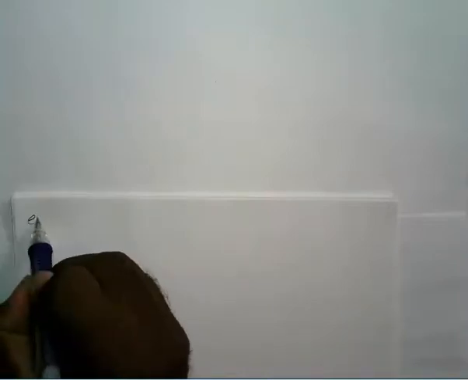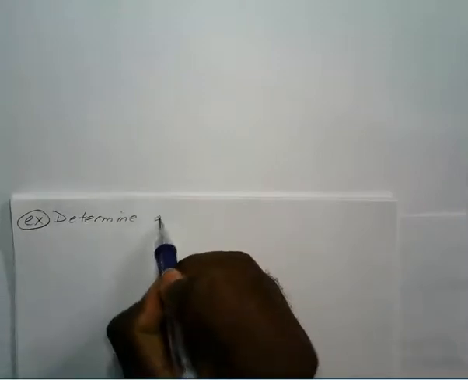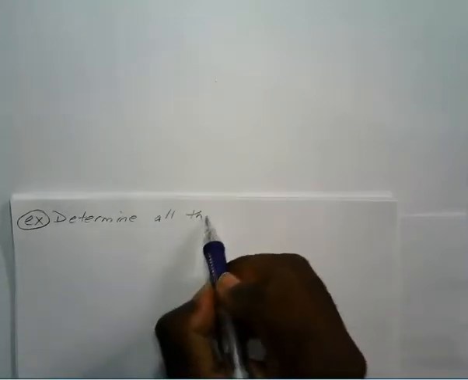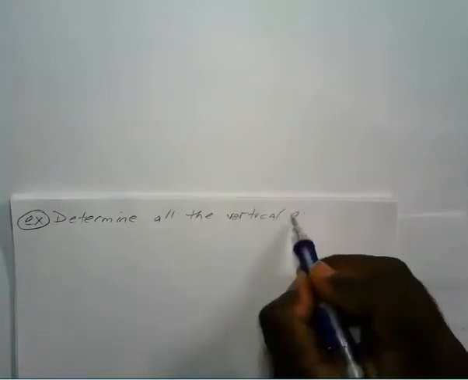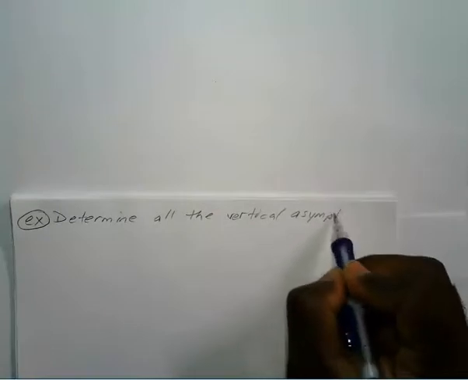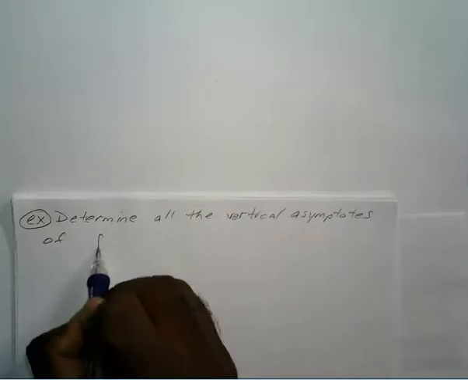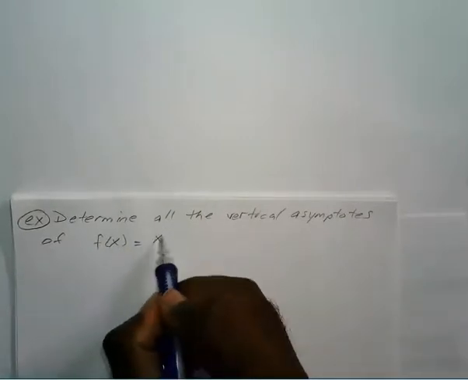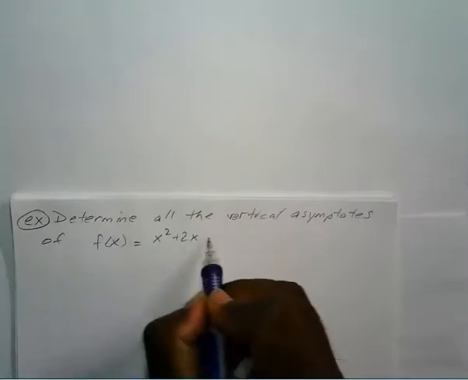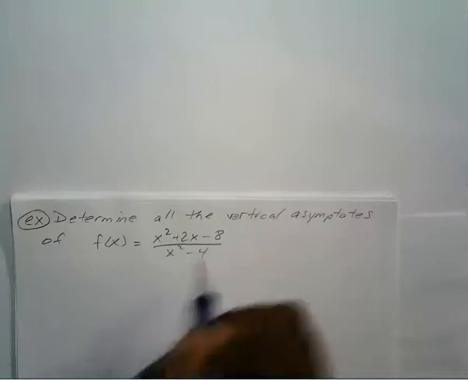Okay, so let's say, for example, we want to determine all the vertical asymptotes of f of x is equal to x squared plus 2x minus 8 over x squared minus 4.